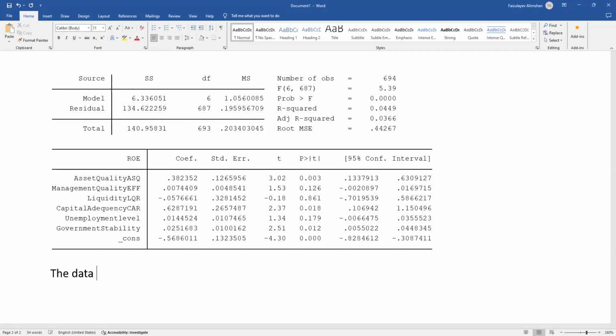The data results reveals that asset quality has positive effects on profitability.